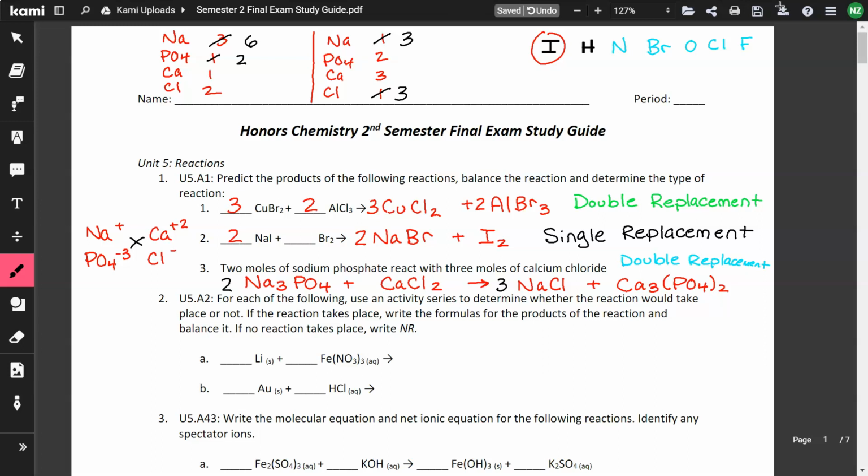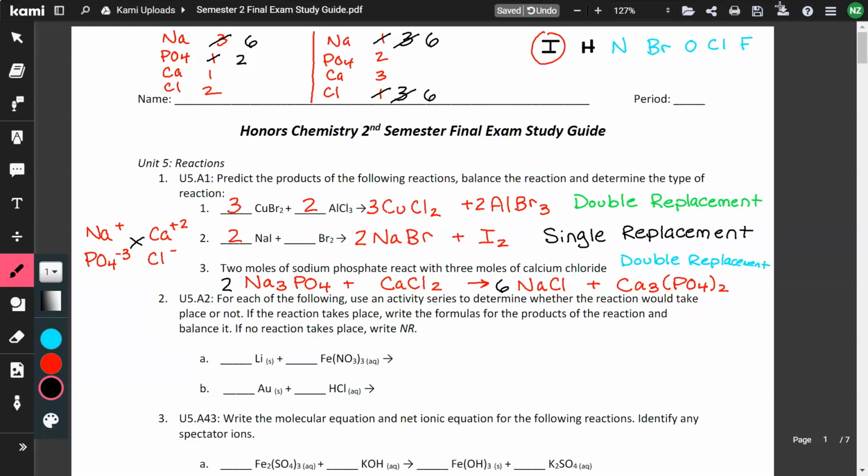So now, and this happens sometimes when you balance, if you look at my sodiums, I unbalanced them. So 3 wasn't the right number to put there. We need to make it a 6. So let's go back and change this to a 6. So now 6 times 1 makes this a 6. 6 times 1 makes this a 6.